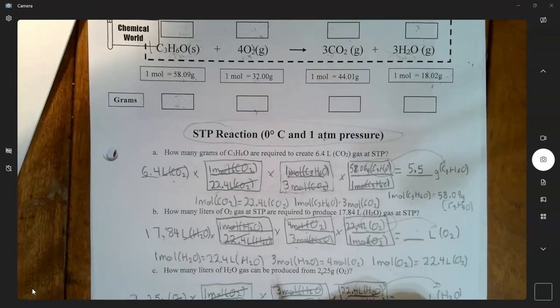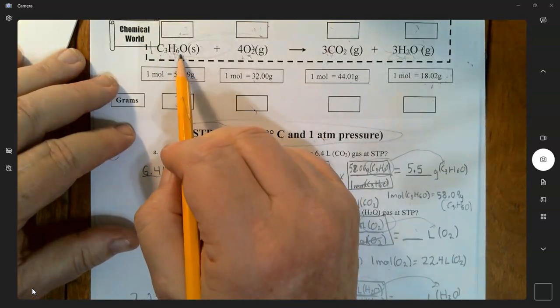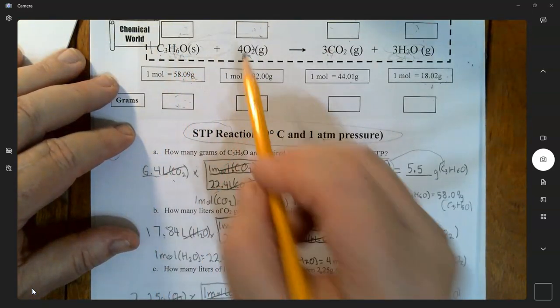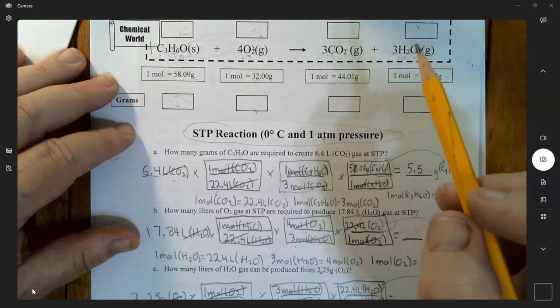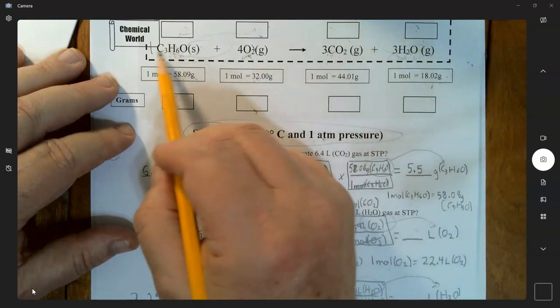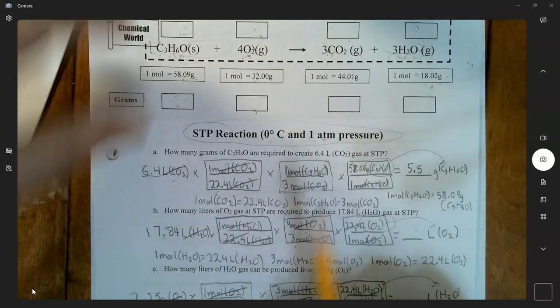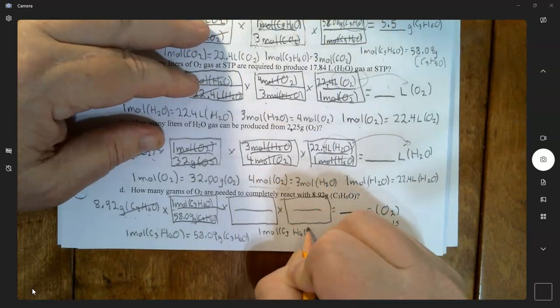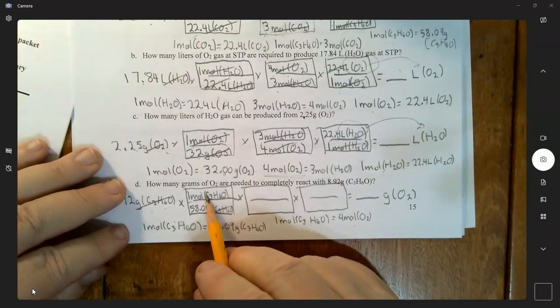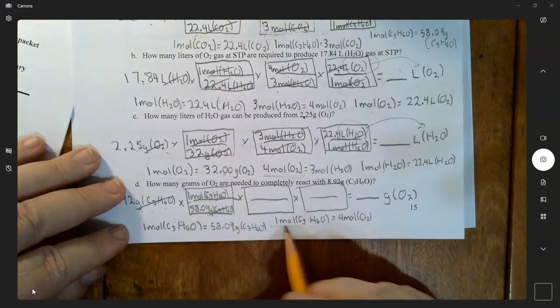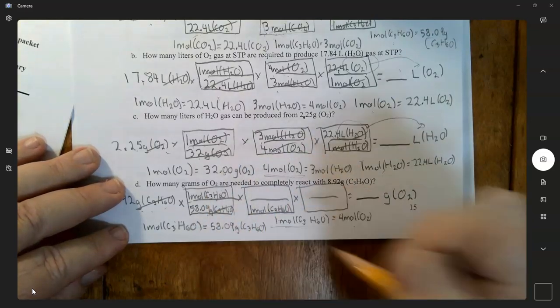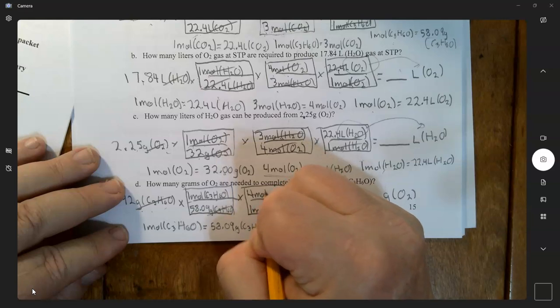Now for the second equivalency, we come back to the equation. 1 mole of C3H6O equals 4 moles of O2 right there. So we have moles of C3H6O, so that one has to go on the bottom, 4 moles O2 on the top.